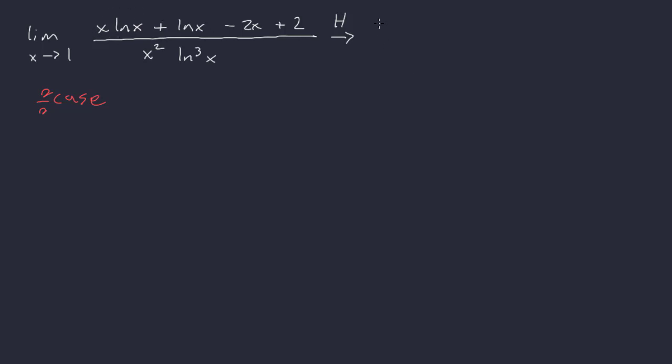So it'll be the derivative of the first times the second left alone, so just the natural log of x, plus x left alone times the derivative of natural log of x. So this will be x times 1 over x. So that's just the derivative of this first piece. Then plus the derivative of the natural log of x, so 1 over x. Then the derivative of negative 2x, which is just negative 2. And there's the derivative of the top.